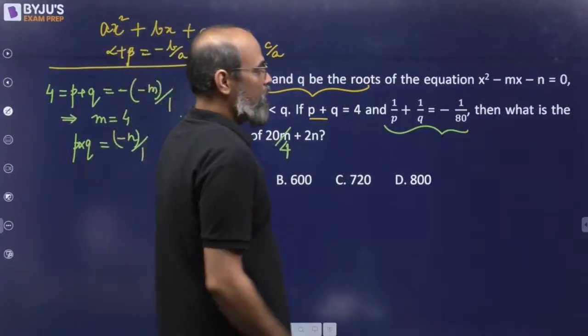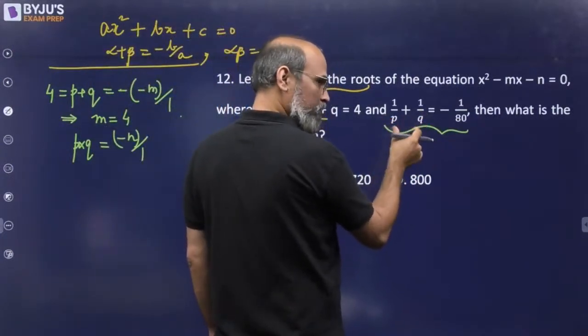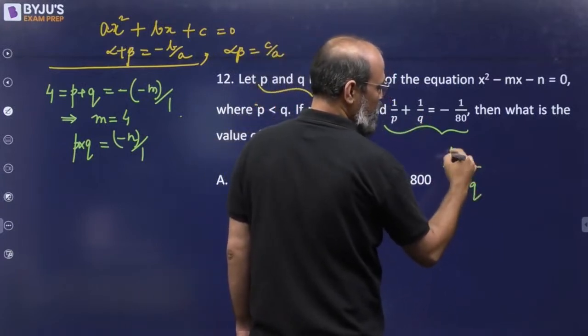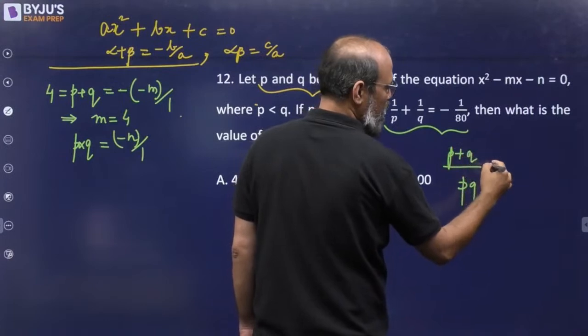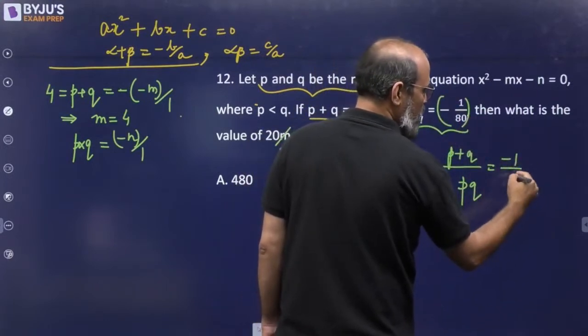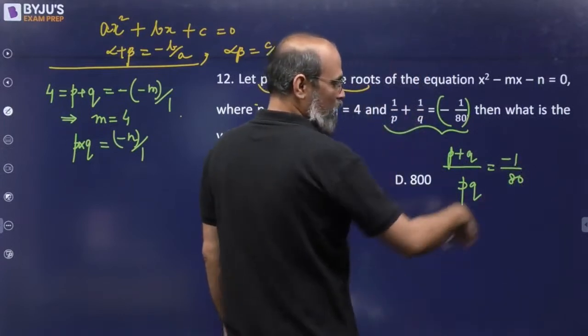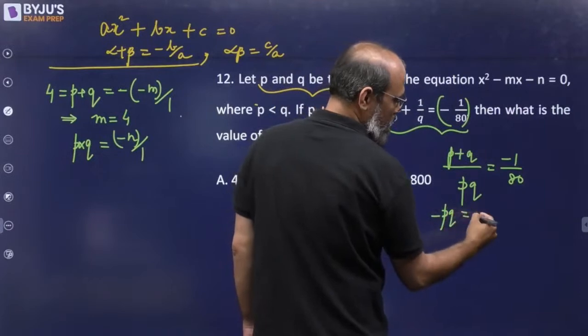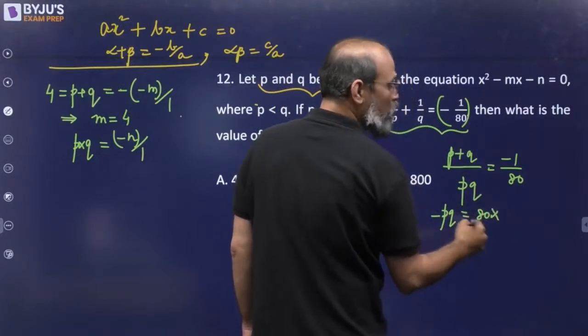So here, if I multiply the denominators of both the fractions, I'll get pq in the denominator and I will get p plus q in the numerator, and that is given as, don't forget the negative sign, minus 1 upon 80.